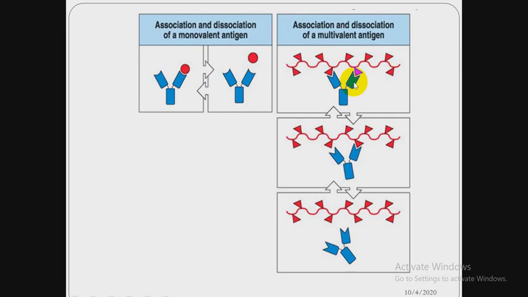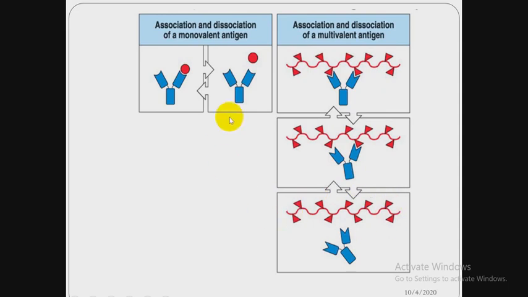In this part, you see a polyvalent antigen or multivalent antigen. If we have several similar epitopes in an antigen, we name that antigen a multivalent antigen or polyvalent antigen. And you see that this monomer antibody could interact with two similar epitopes in the structure of the multivalent antigen, and also it can separate from this antigen.